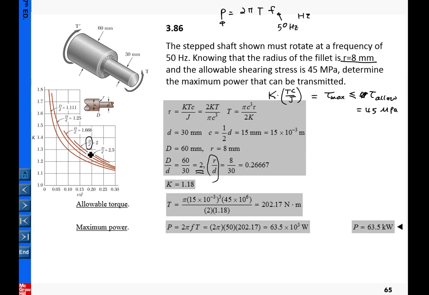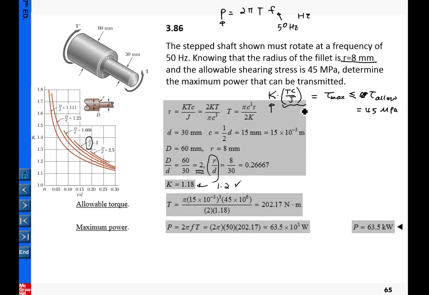So along this curve and 2.7, let me follow this one, go to here, about here. So that is where the K value is. We estimate it is about 1.18. If you say, hey, can I estimate 1.2? I think that's okay.